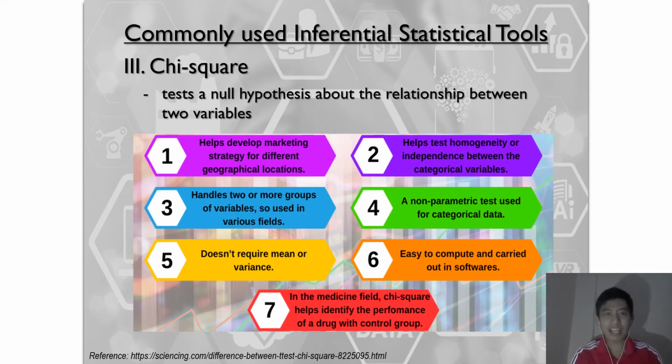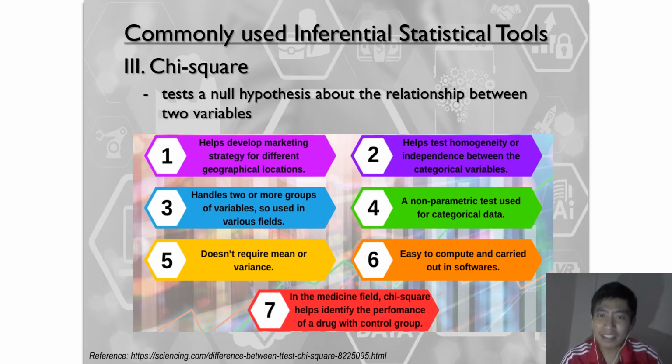So, chi-square. Chi-square tests a null hypothesis about the relationship between two variables. So in testing a hypothesis, you will use chi-square. First, it helps develop marketing strategy for different geographical locations. It helps test homogeneity or independence between categorical variables, handles two or more groups of variables, so it is used in various fields.